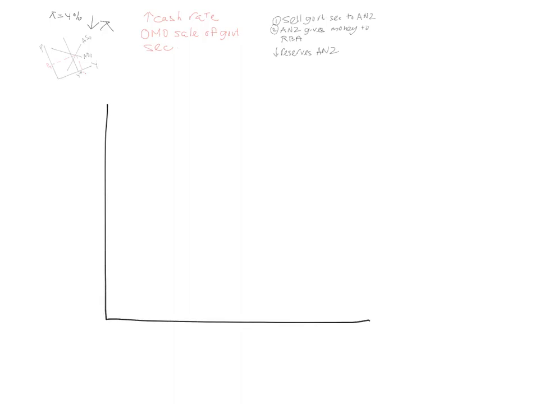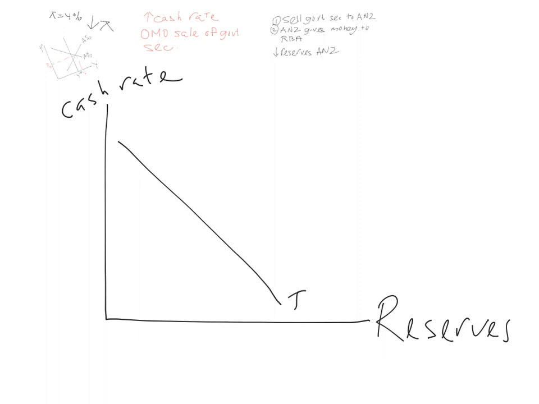Well, here again, we just do the opposite of what we did in the previous example. Here you have your reserves. Here you have your cash rate. You have your initial situation, the demand for reserves, your initial supply of reserves, RS0, the initial cash rate, C0, and the equilibrium amount of reserves available. And then what happened?